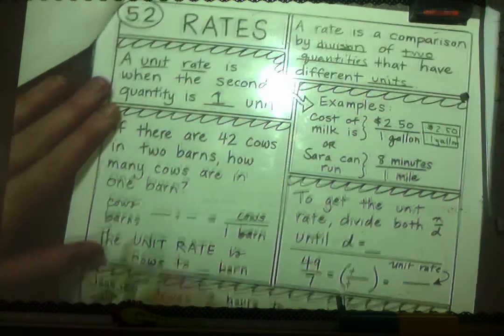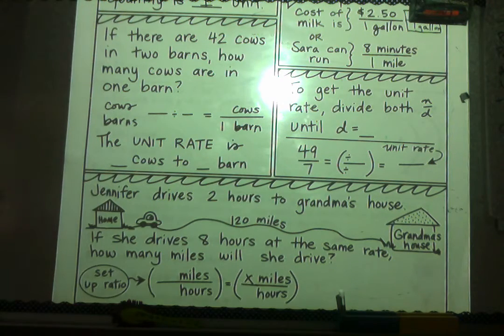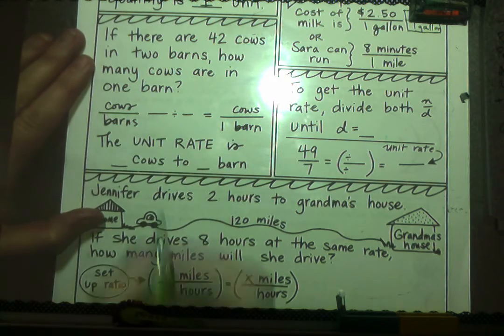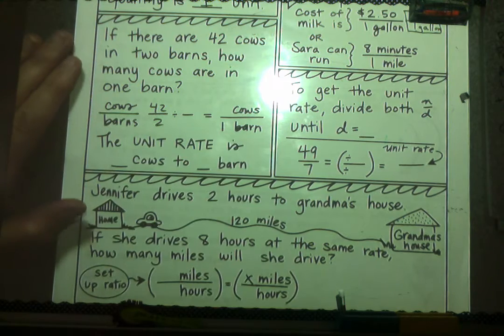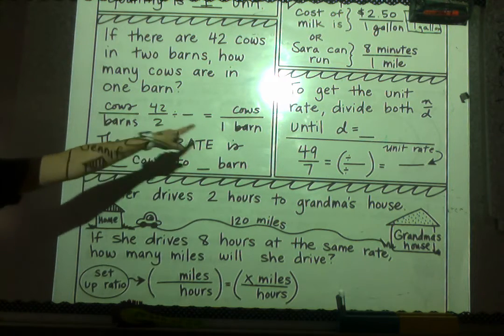Okay, let's look at this one. So, if there are 42 cows in 2 barns, how many cows are there in 1 barn? You have to write the words. That's important. I'm going to put a line between them. So we're going to put cows on top, 42, 2 barns. I want 2 to become 1.